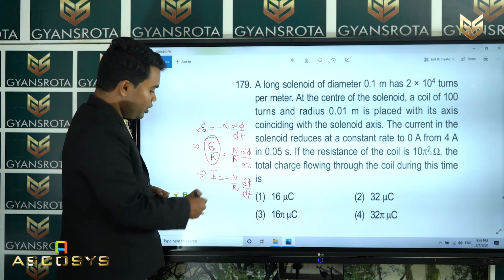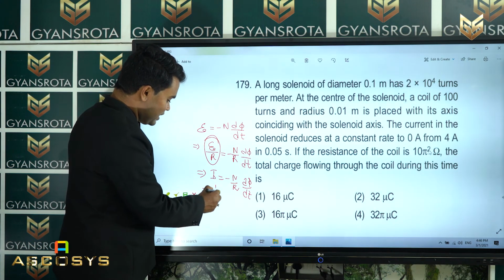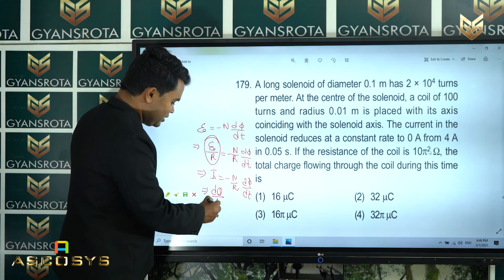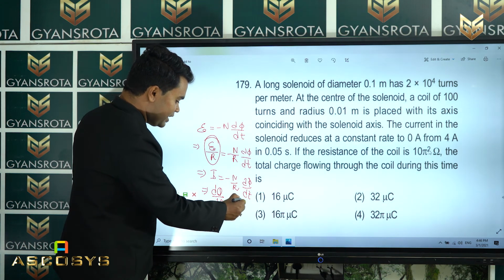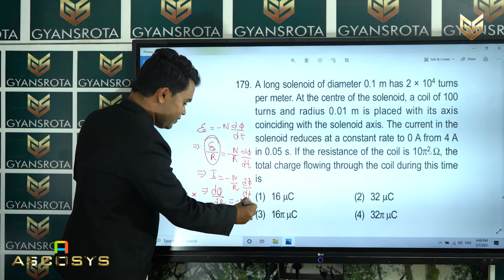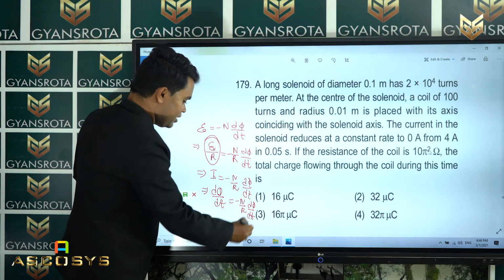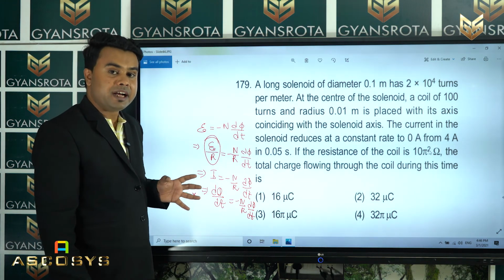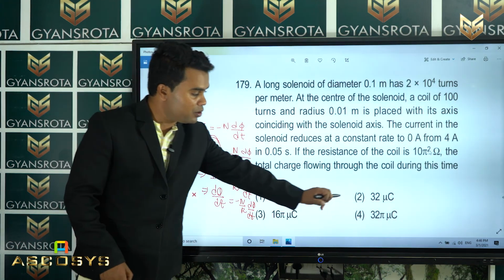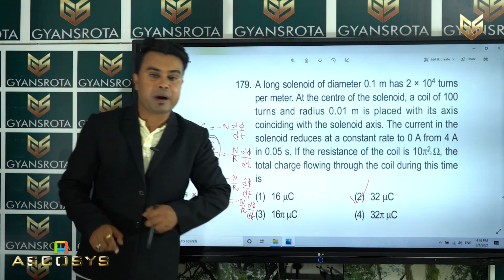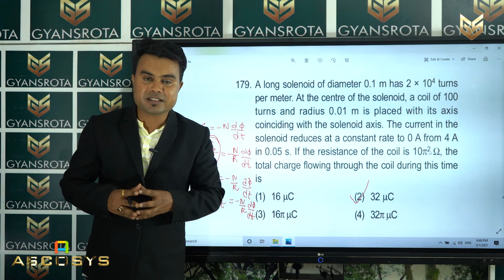Fine. So, I can also be written as dq by dt, rate of flow of charge, is equal to minus n by R d phi by dt. Now you have everything in your hand. You need to solve the question now. If you put the values, your answer will come out to be 32 microcoulomb. This is the correct answer.